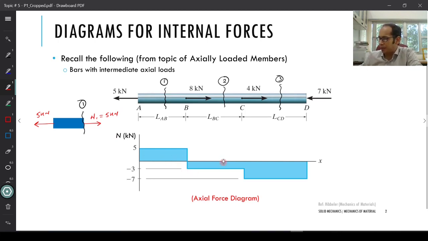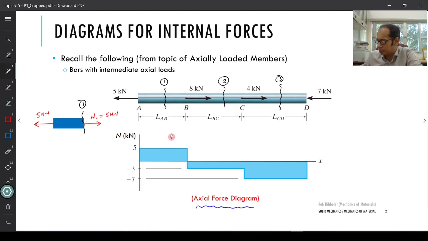Similarly, if you take another segment number 2 over here, and if you draw another free body diagram from this left hand corner A all the way to the section 2, you will find that the internal force comes out as -3 kilonewton. We have done this in the chapter on the axially loaded members. So essentially what we get at the end of the day is this axial force diagram. This is also a diagram of the internal forces.